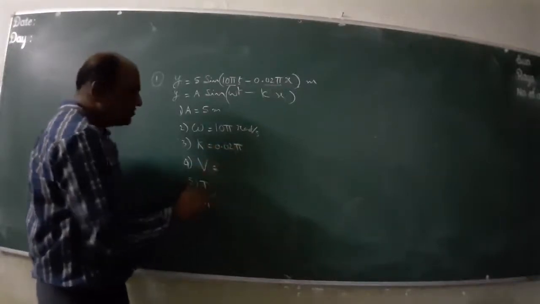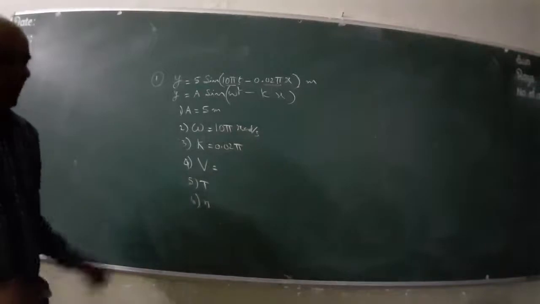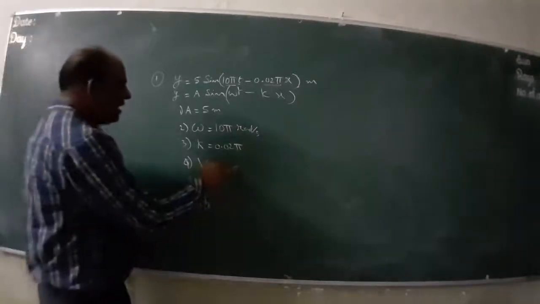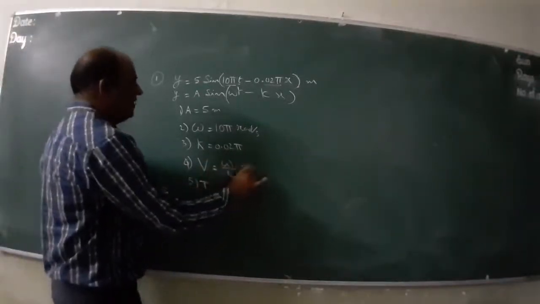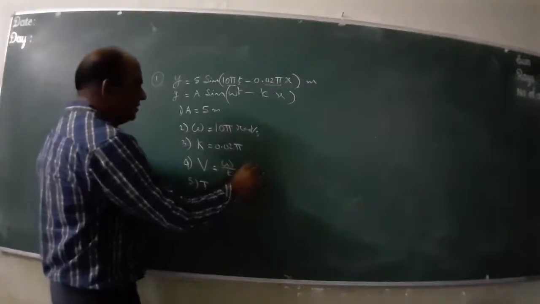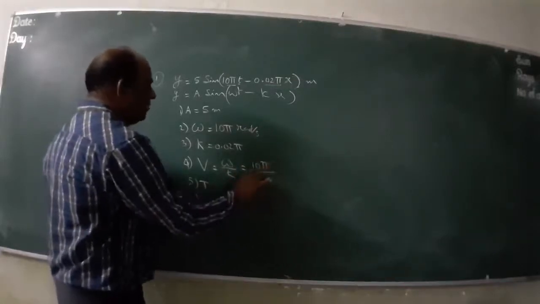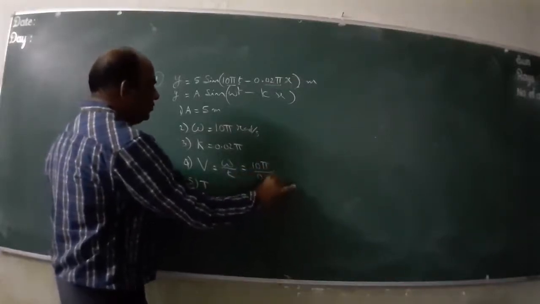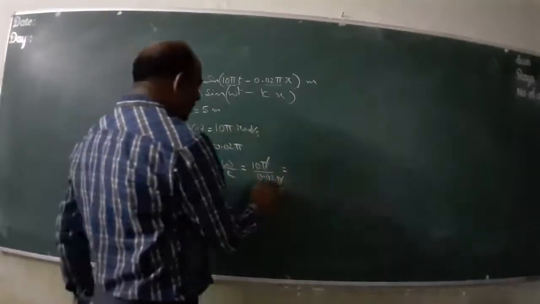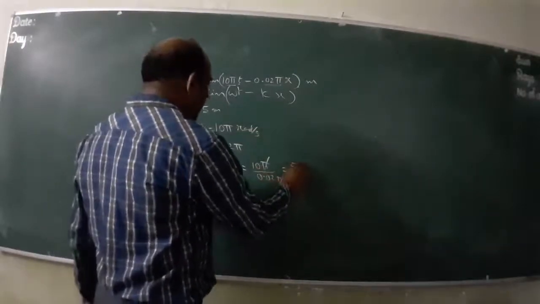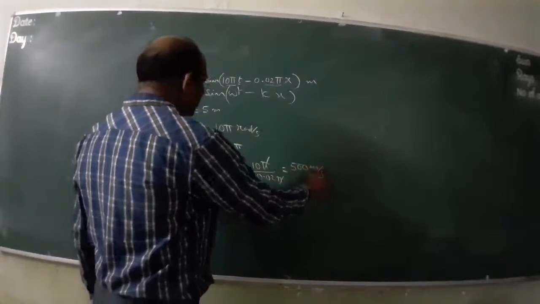Then what is the velocity of the sound, the velocity of the progressive wave? Omega by k is the velocity, that is 10 pi divided by 0.02 pi. Pi cancels, so we get 1000 by 2, 500 meter per second.